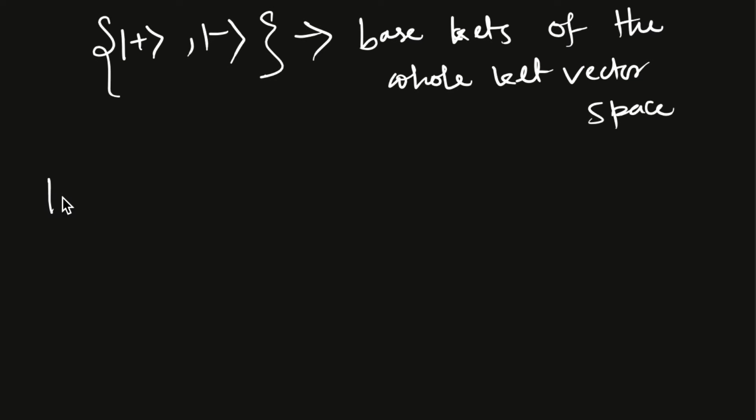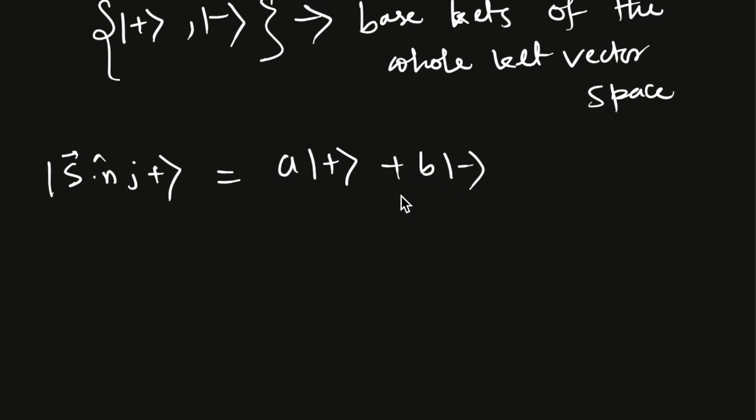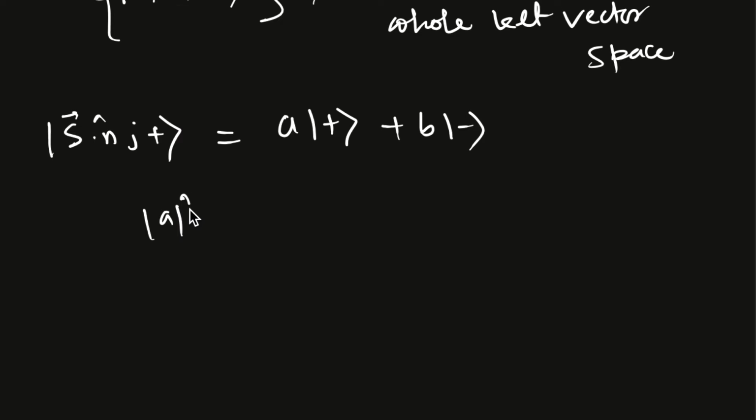So we can also write these eigenkets of S dot n cap in terms of this. Let us write a plus plus b minus, and here mod a square plus mod b square is equal to 1 for normalization.